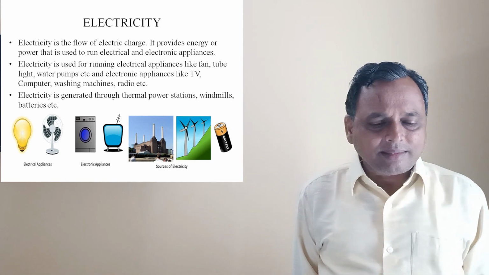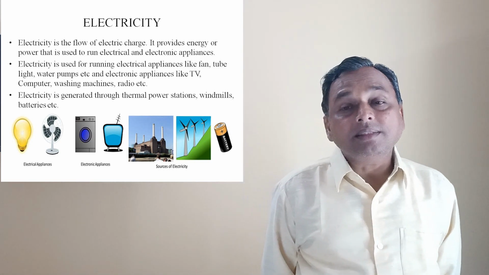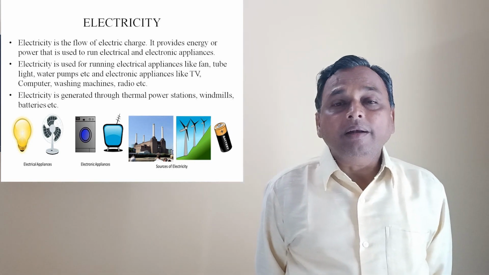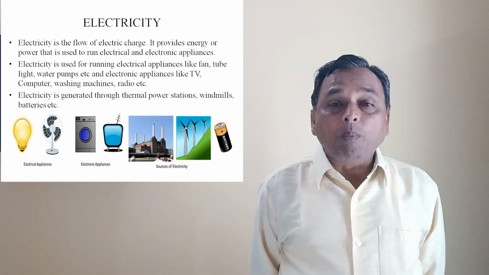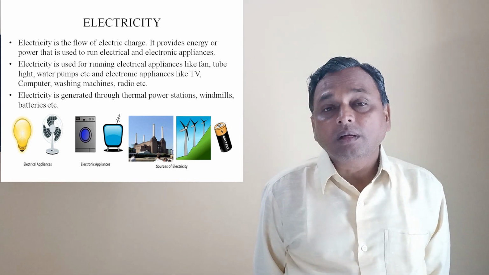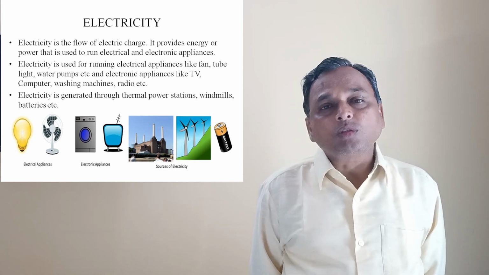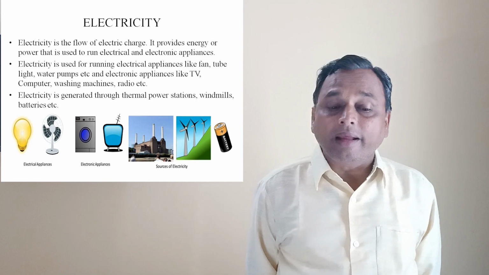Then how do we get this electricity? It is generated in various types of power stations. Thermal power stations are there. Hydroelectric power stations are there. You will learn how they generate it in higher classes.